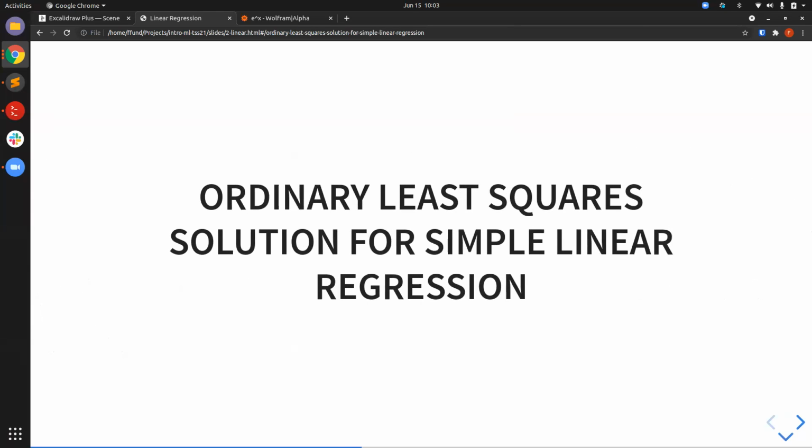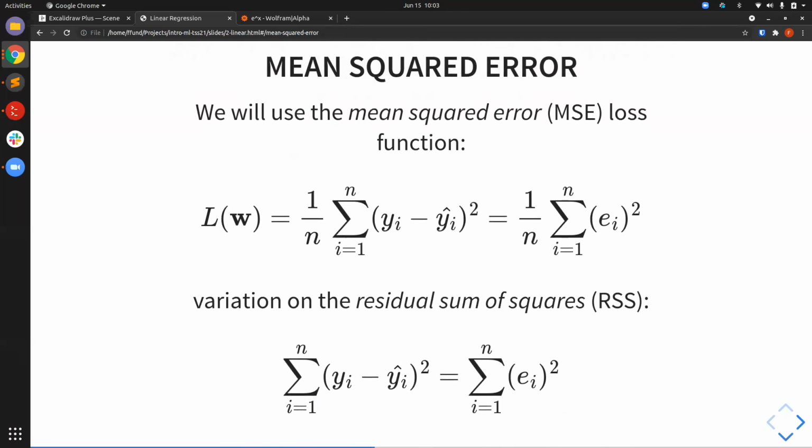We're going to describe two methods for solving simple linear regression. The first is the ordinary least squares solution, called that because we're minimizing a squared error function.